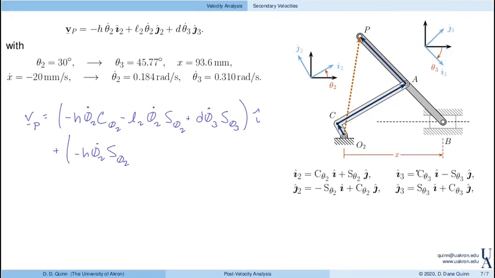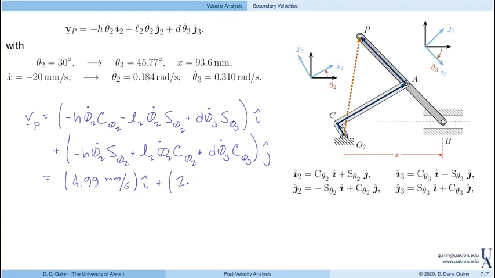Again, we're just taking these direction vectors, putting them into this expression for the velocity of P, collecting terms, L2 theta 2 dot cosine plus d theta 3 dot cosine theta 3 in the j direction. So when I take all of this, plug it into here, the final answer is 4.99 millimeters per second in the I direction, 24.32 millimeters per second in the j direction.